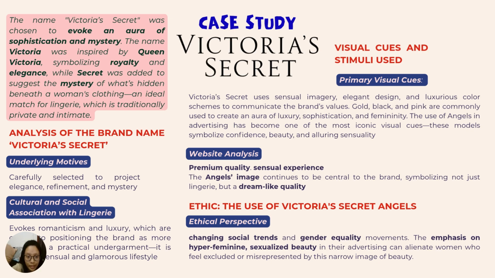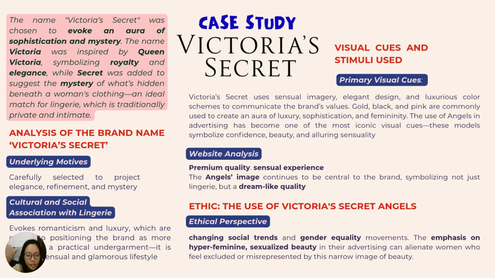By choosing Victoria, they link the brand to the Victorian era, which was known for its association with class and status. Adding secret creates a sense of allure and hidden intimacy, crucial for selling lingerie. And the name evokes romanticism and luxury too, which are crucial to positioning the brand as more than just a practical undergarment. It's part of a sensual and glamorous lifestyle.